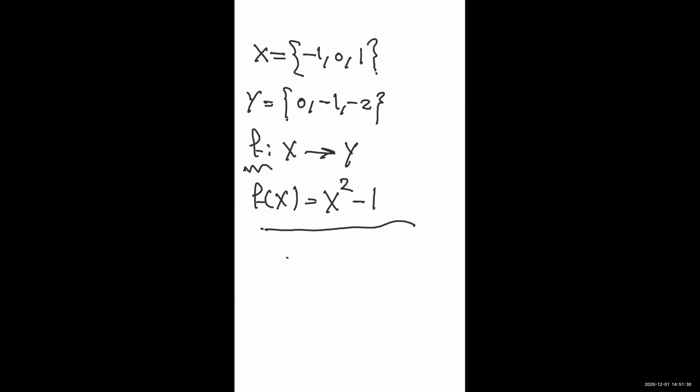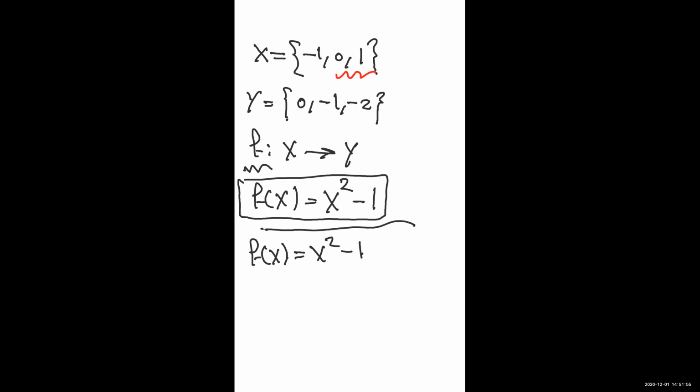So here f of x equals x squared minus 1. Now if we want to get the set of the function, first, what are the elements in x?